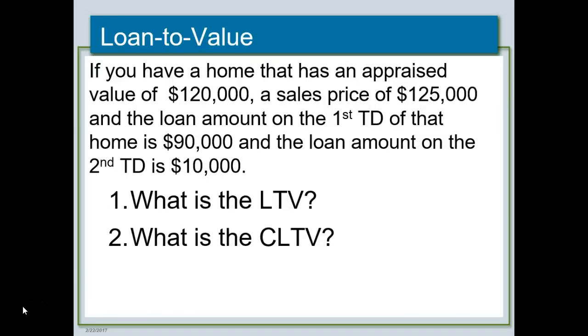So here we go. If you have a home with an appraised value of $120, a sales price of $125, the loan amount on the first trust deed is $90, and the loan amount on the second trust deed is $10, you need to calculate the LTV and the CLTV. I just gave you the formula.